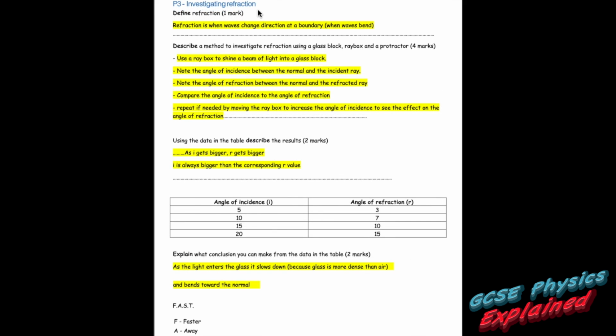So investigating refraction. Define refraction. Well, refraction is when waves change direction at a boundary, when waves bend. So remember, if there's a change in density that the wave's travelling through, then there'll be a change in speed.